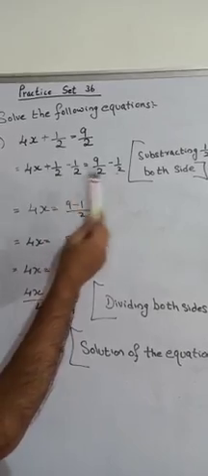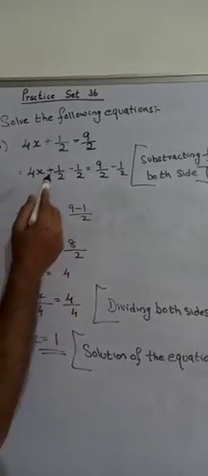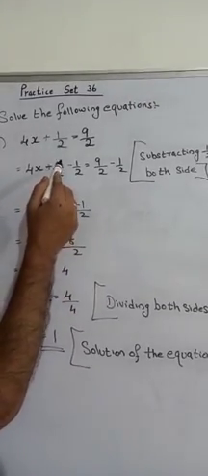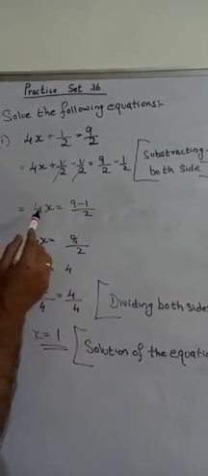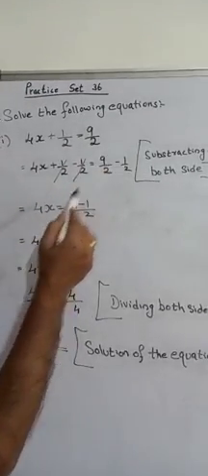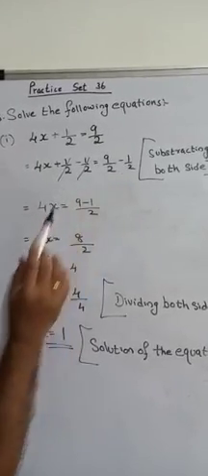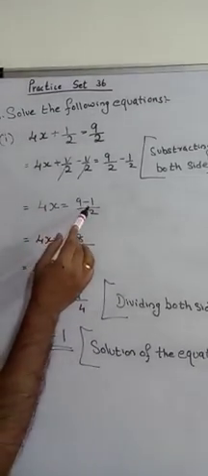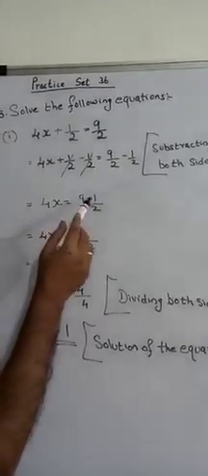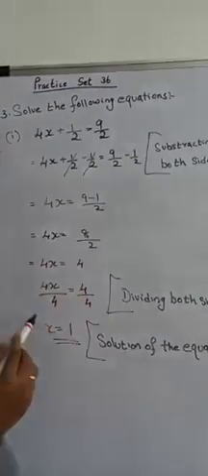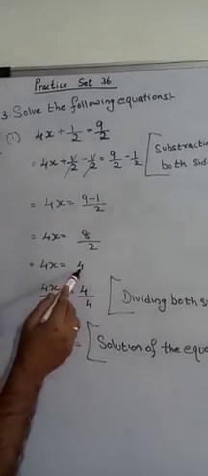So plus 1 upon 2 and minus 1 upon 2 gets cut. What's left? 4x is equal to 9 minus 1 upon 2, because the denominator is the same. Next, 4x is equal to 9 minus 1, that is 8 upon 2. 4x is equal to 4.